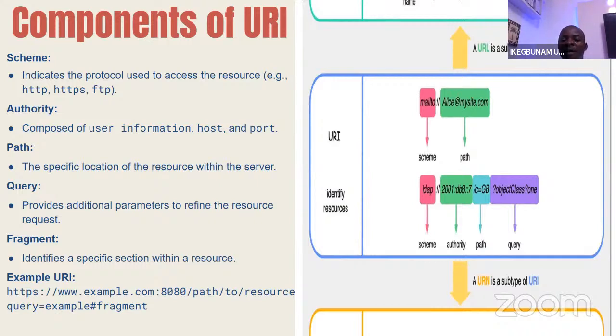Okay, when we are talking about a path, whenever you encounter a slash on a website, apart from the protocol slash, that signifies the path to a resource, which could be an image, a web page, or a file. Okay, then we're talking about a query. It provides additional parameters to refine the resource request.